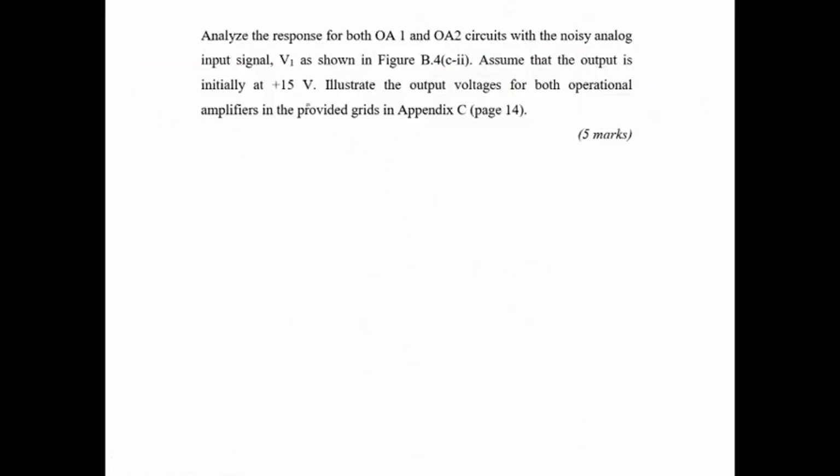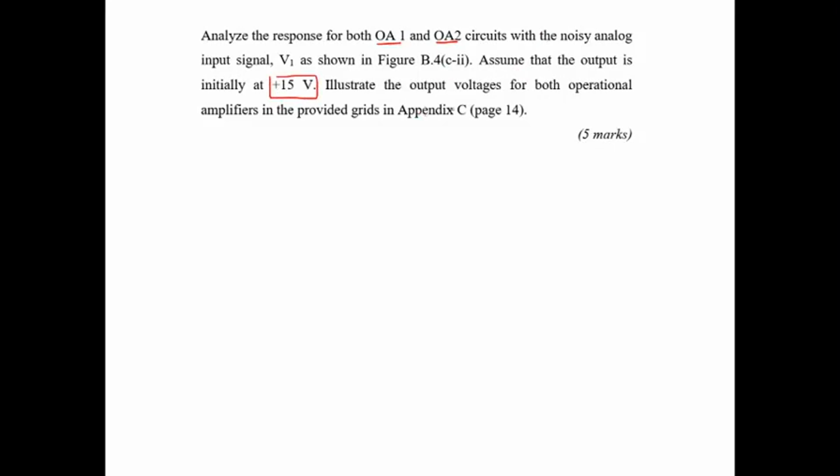The second question is to analyze the response for both OA1 and OA2 with the noisy analog input signal shown in figure B4. Assume that the output is initially at 15 volt.